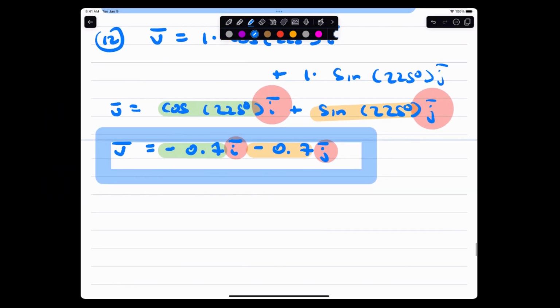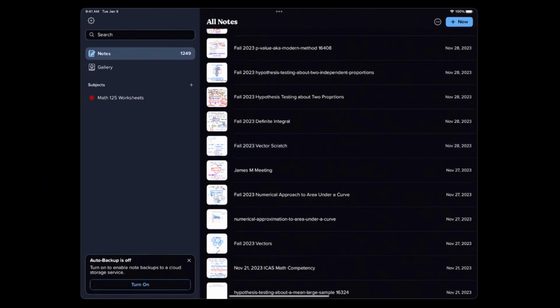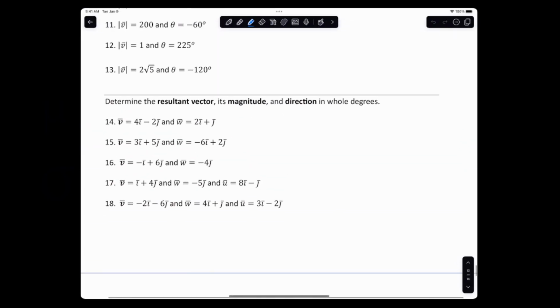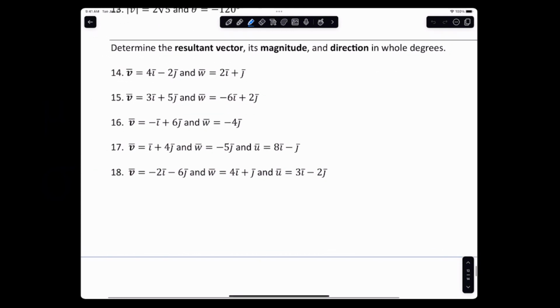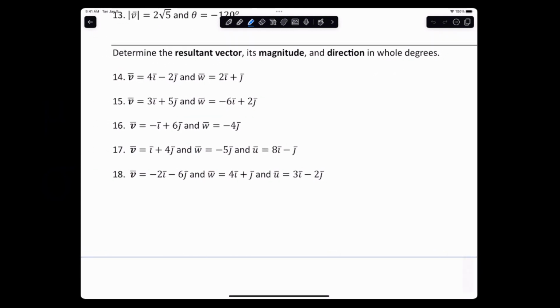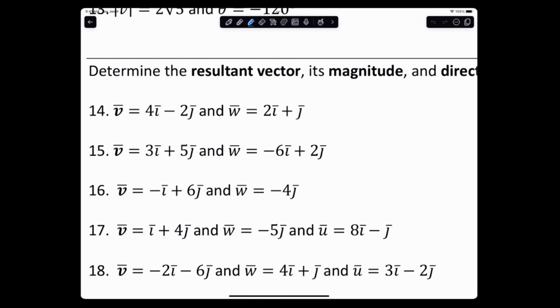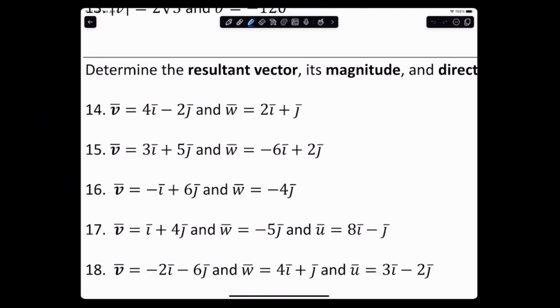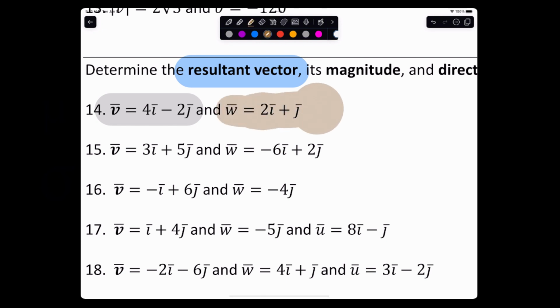Now, what I'm going to do here for you guys is take a look at the next portion on this sheet. Because you might say, why do you even care about the ij vectors? Take a look at this next kind of question. They're going to say, determine the resultant vector. They're giving you two vectors here. You have vector v right here, and vector w right here.